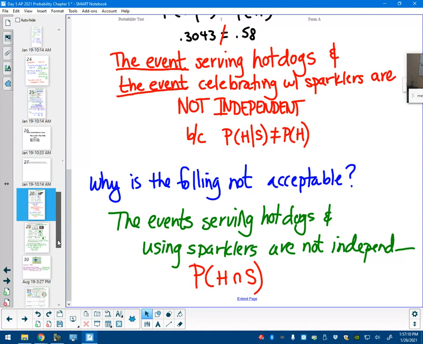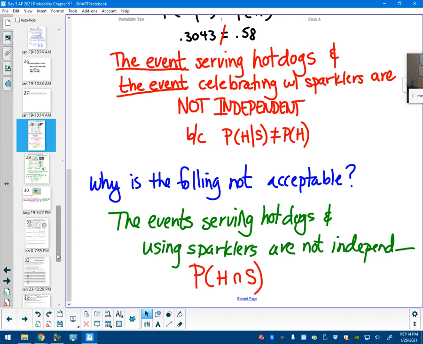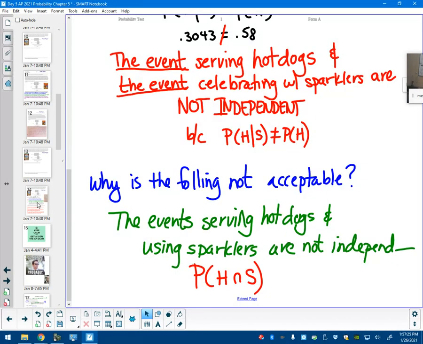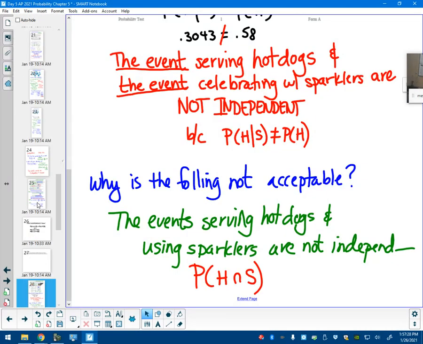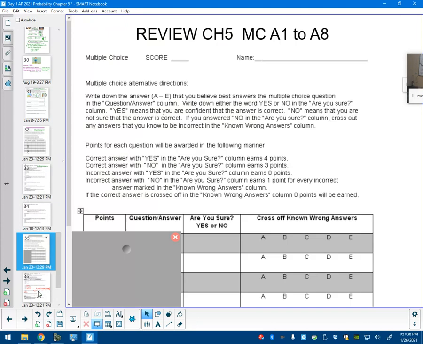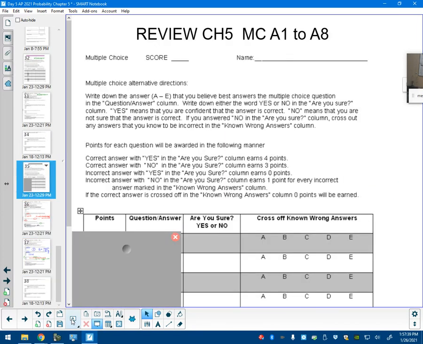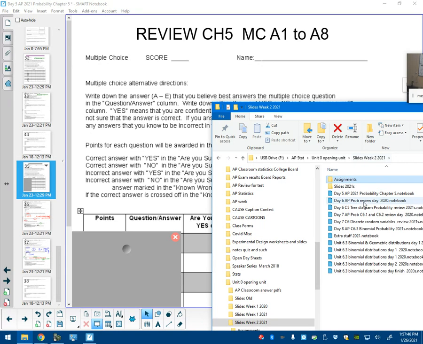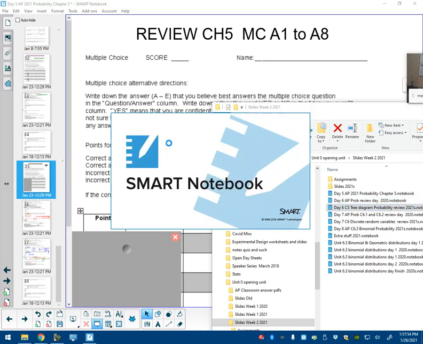Somehow I've lost the table. Huh. Oh, where did the table go? Is it still precipitating outside?